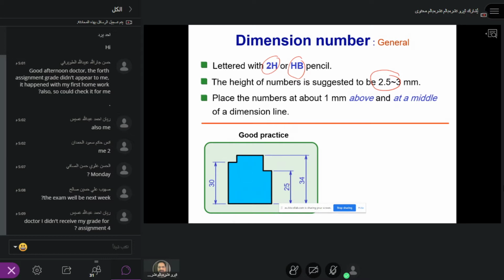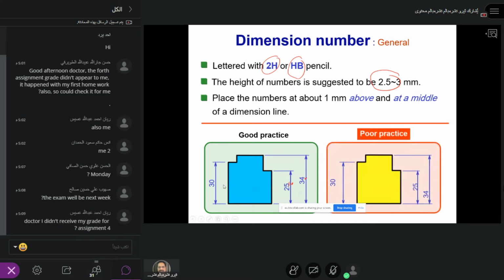So here you just give 1 mm in between the numbers and the dimension line, at least 1 millimeter. This is a good practice. See the poor practice here. Too much gap, wrong. Too close, wrong. And this is not in the middle, wrong. So it should be somewhere here. This is a poor practice.